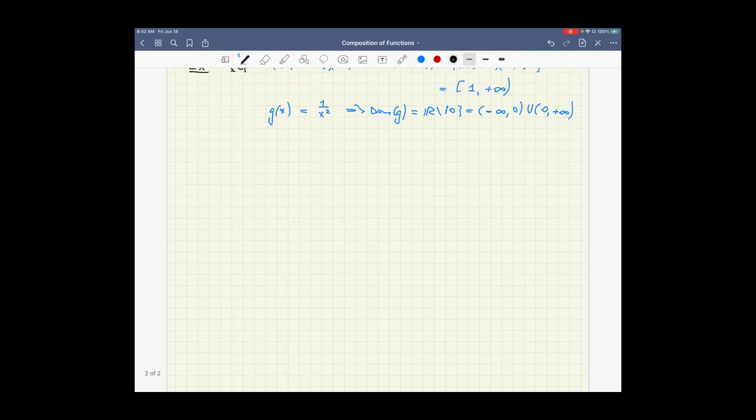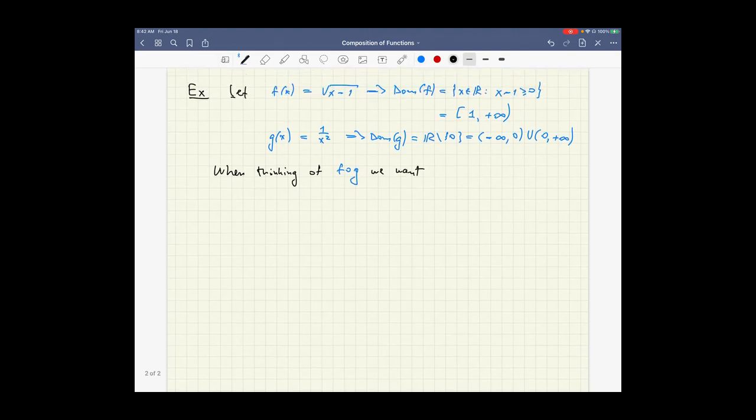So when we think about the composition f composed with g, we want x in the domain of g such that the image of x under the action of g, g of x, be in the domain of f.